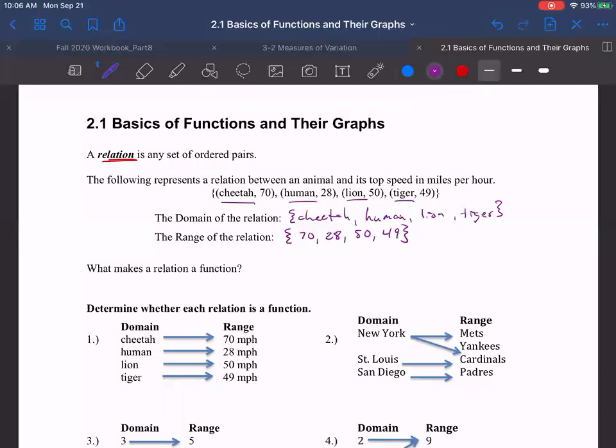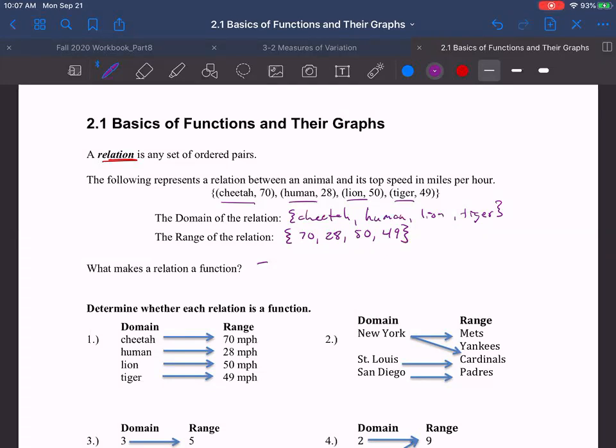And then what we can do is say, well, we don't just have relations, but we also have specific relations that are functions. And for it to be a specific function, the relationship has to meet a certain set of requirements. Okay, and this requirement is that in order for a relation to be a function, the idea is that for every single input, you have just one corresponding output.